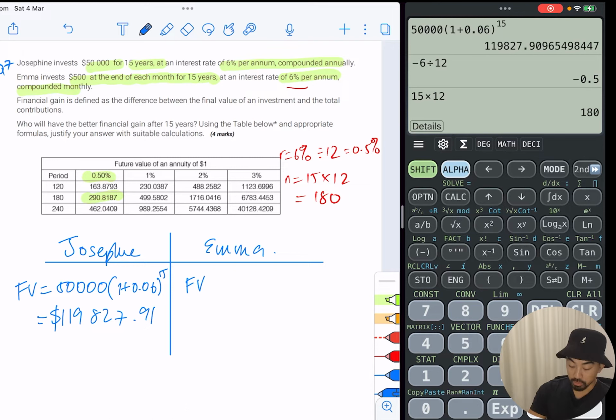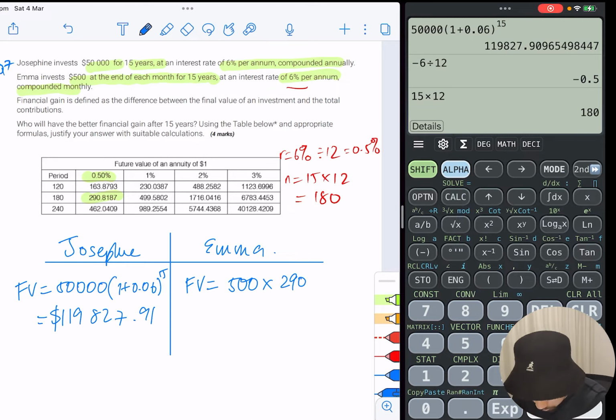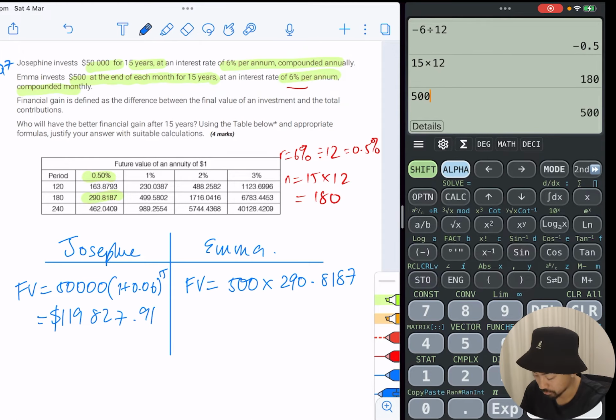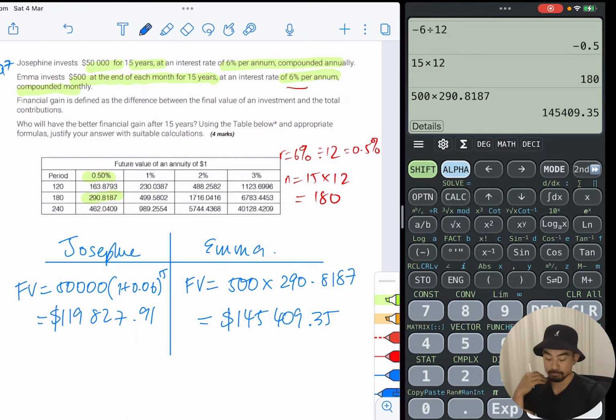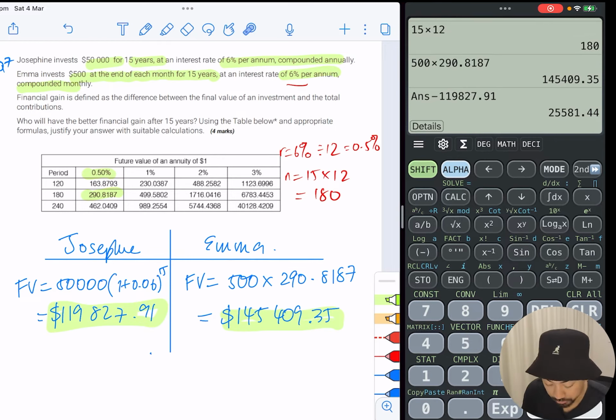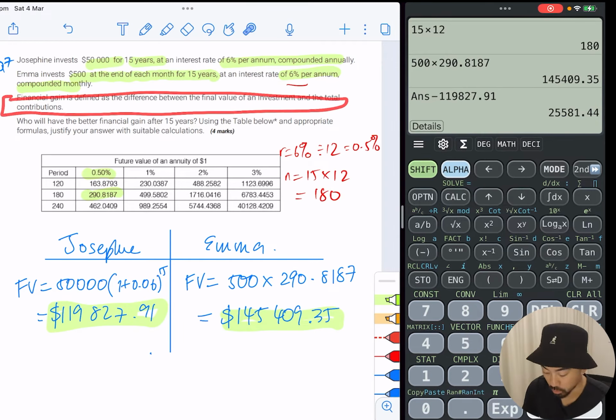Her future value is going to be her contribution, which is $500, times her interest factor, which is 290.8187. So she's going to have $145,409.35.